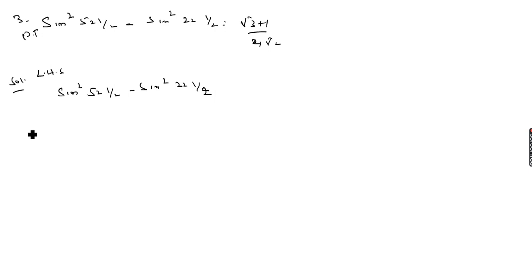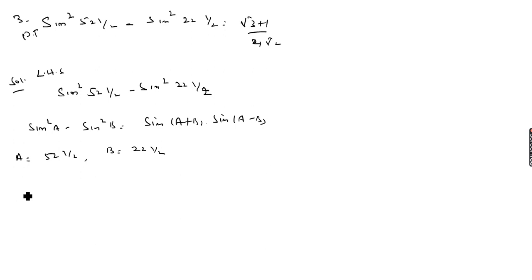So we have a formula, sin square A minus sin square B. This is nothing but sin of A plus B into sin of A minus B. So here A is equal to 52 and a half and B is equal to 22 and a half. We get sin of A plus B, 52 and a half plus 22 and a half, into sin of A minus B, 52 and a half minus 22 and a half.